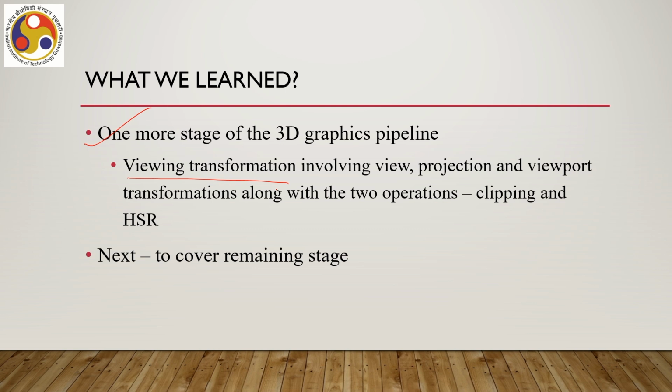Essentially it is a pipeline in itself involving multiple transformations: view transformation, which transforms a world coordinate scene to a 3D view coordinate scene; projection transformation, which transforms a 3D view coordinate scene to a 2D view plane description; and finally viewport transformation, which transforms a 2D view plane description to a 2D device space description. Also we mentioned two operations, clipping and hidden surface removal, and what needs to be done to carry out those operations.